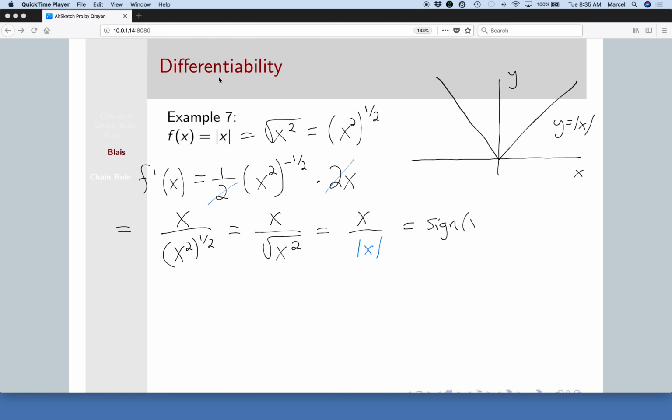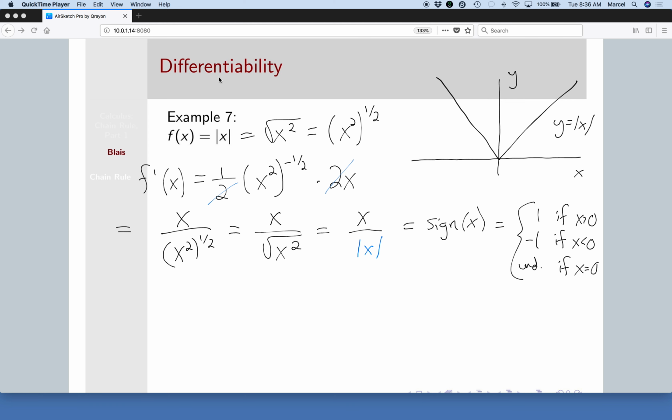So let's just do some examples. If x is 3, you get 3 over 3, which is 1. If x is negative 3, you get minus 3 over 3, which is minus 1. So this pulls out 1 if x is positive, minus 1 if x is negative, and it's undefined if x equals 0, because we'd have a division by 0.